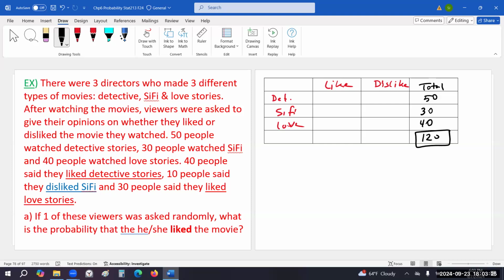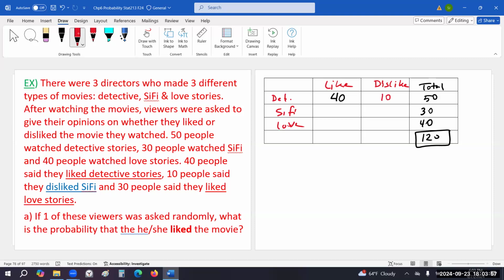Now among these, 40 say they liked detective stories. Where do we put 40 here? Detective and like, so under detective and like, we have 40. Do we know how many disliked the detective stories? 10. See how smart we are? They did not give us the information, but we still could figure that out.